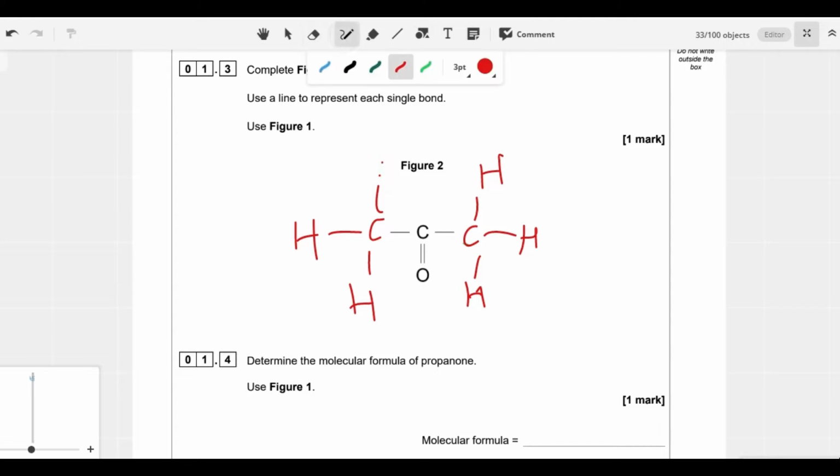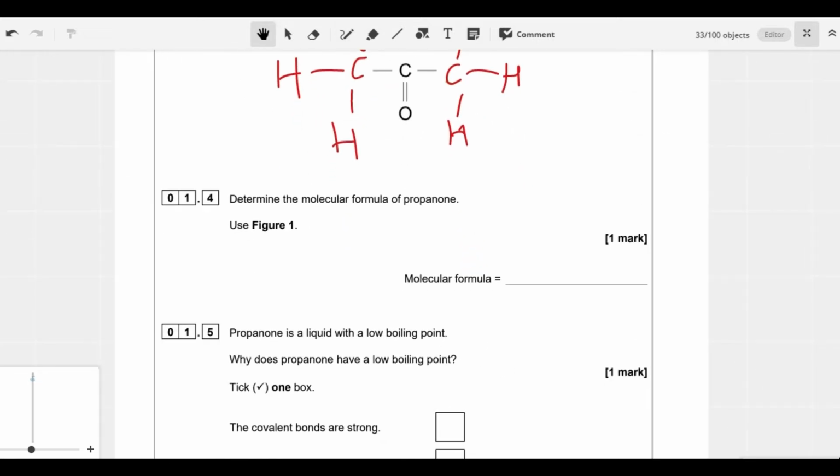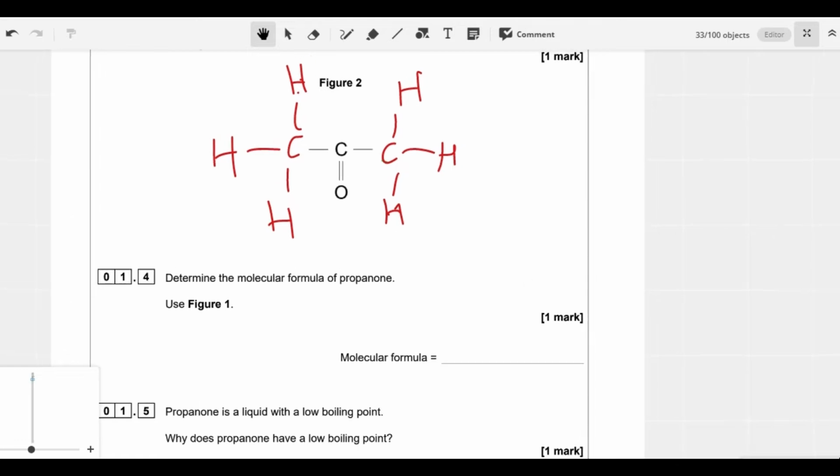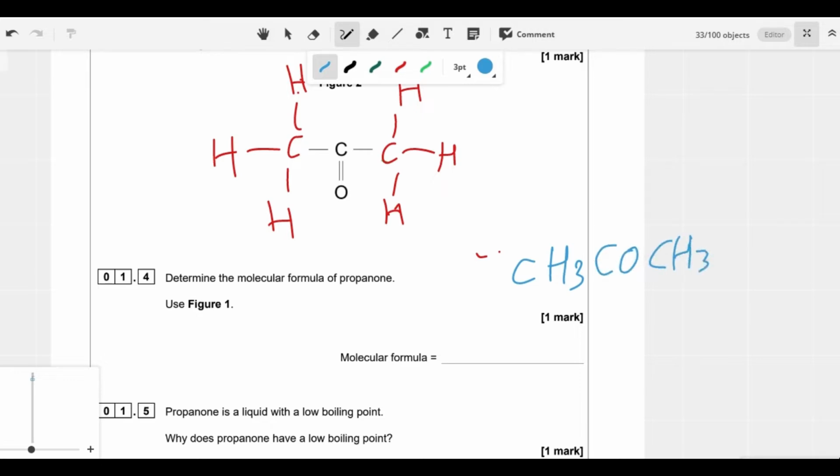Now the next question: determine the molecular formula of propanone. So you can write CH3COCH3, or you can write it in the combined form, C3H6O.